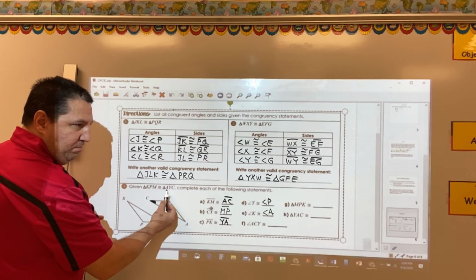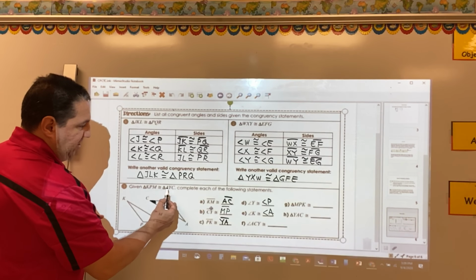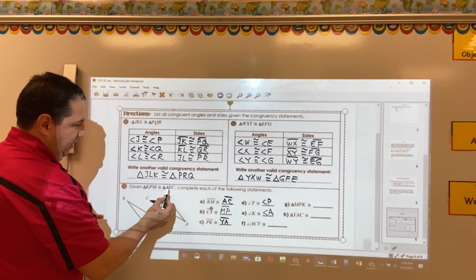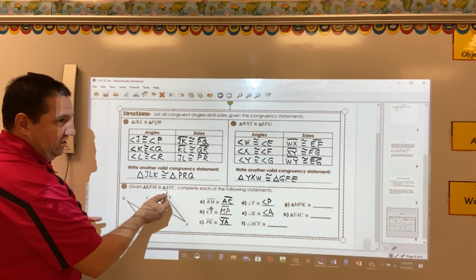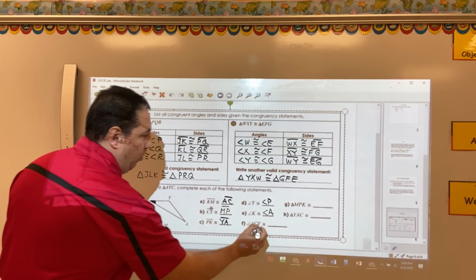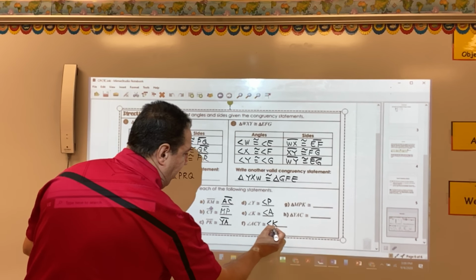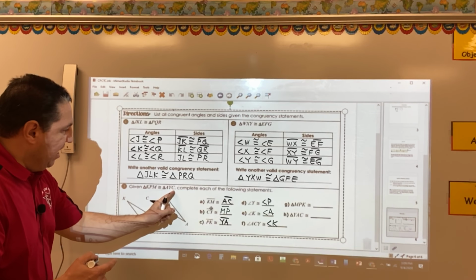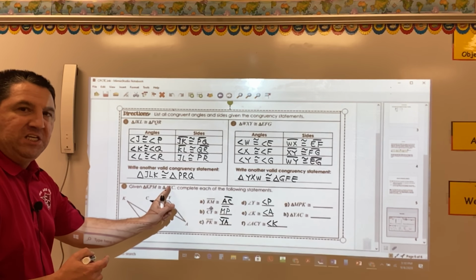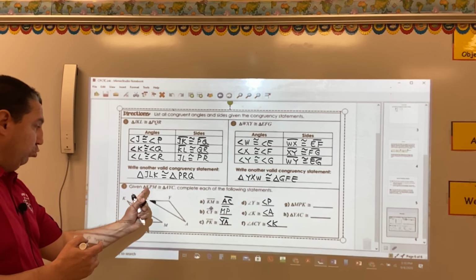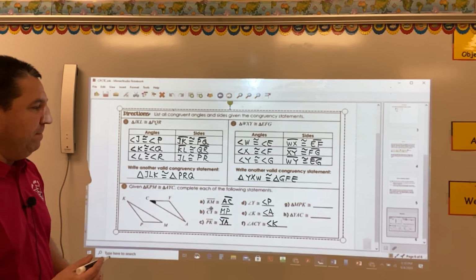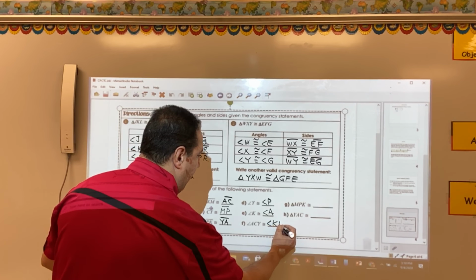You look at the position of the letters, yeah? So A stays there, which means K stays there, because K is in the same position as A. So you say angle K. Now, here we switch the place of C and Y. We should do the same thing here, yeah? We switch the place of M and P. So you're gonna have MP.